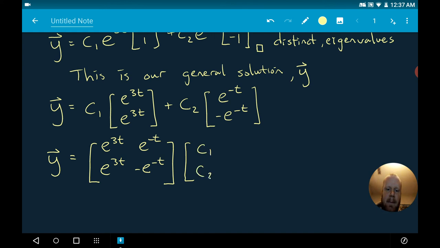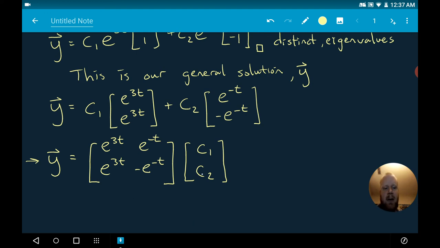You can spend a little time convincing yourself that e to the 3t times c1 plus e to the negative t times c2 checks out. Just making sure that these two things are equivalent to each other.